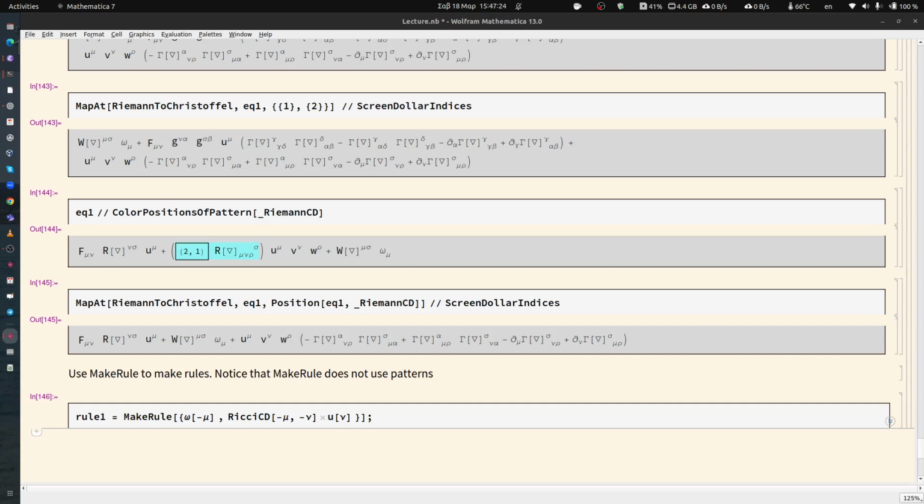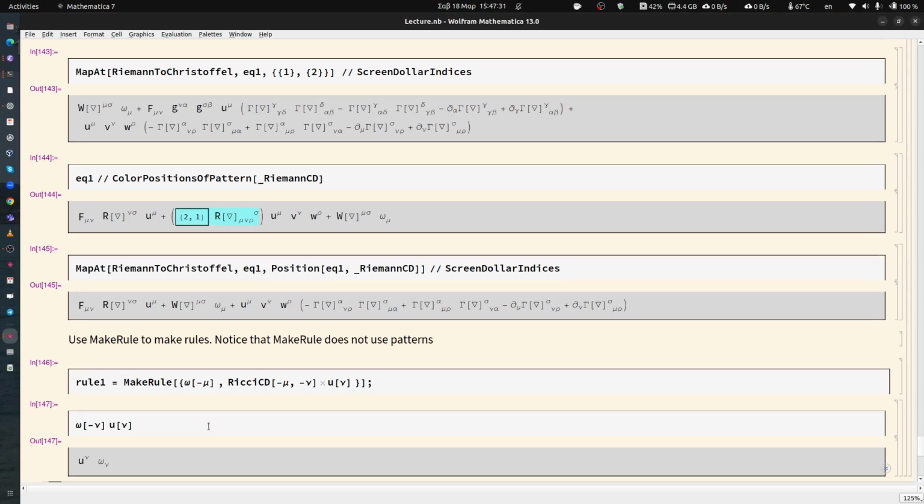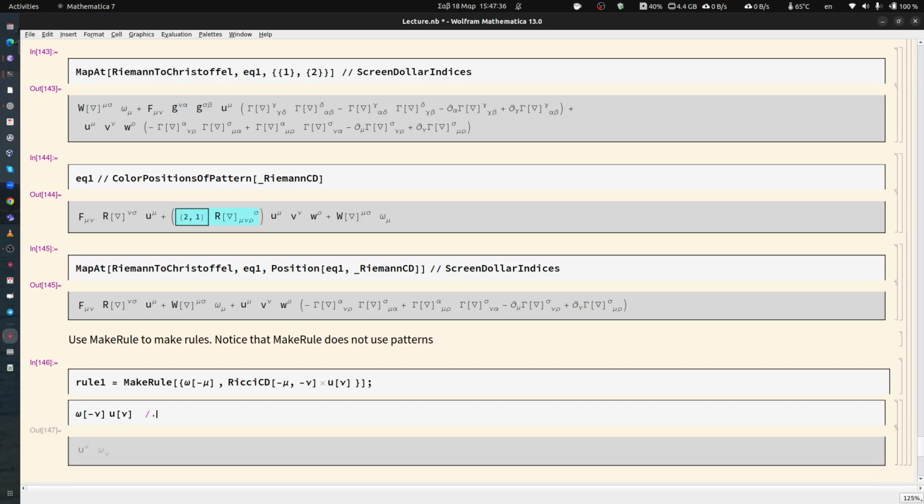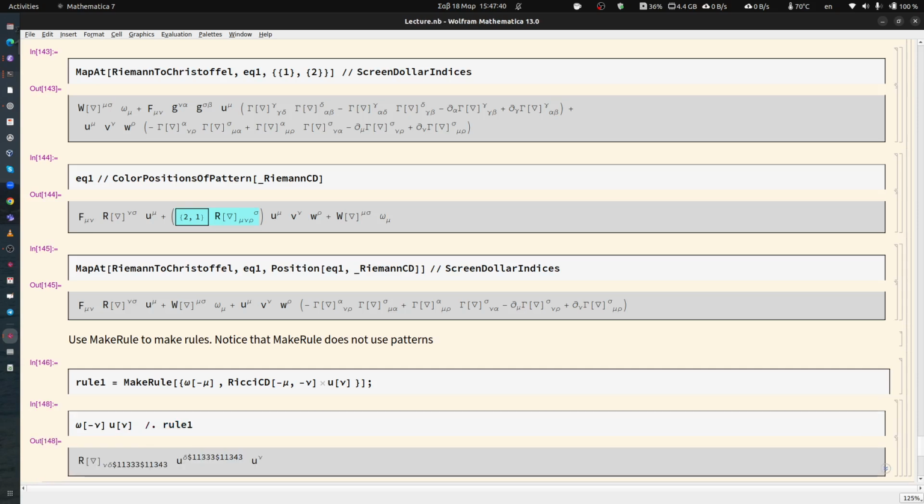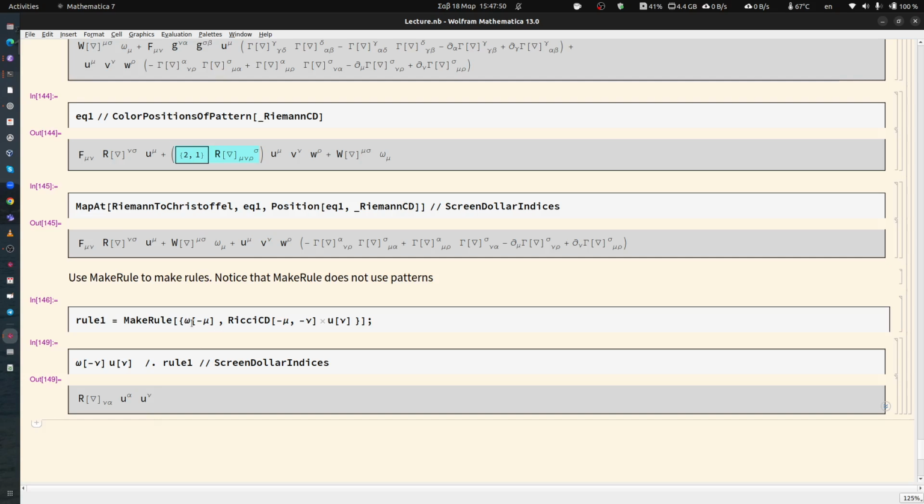After you have this rule defined, you can take an expression like this one and apply this rule using the usual syntax of Mathematica. So you see that omega mu has been substituted with R times u, R contracted with u.